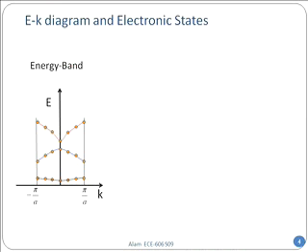Now, if you remember the E-k diagram, perhaps you remember that this is a diagram for a one-dimensional solid, a set of n atoms, and if the spacing is a, then the Brillouin zone is from minus pi over a to pi over a.